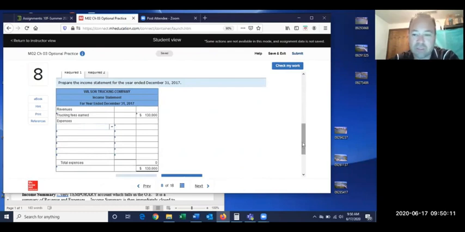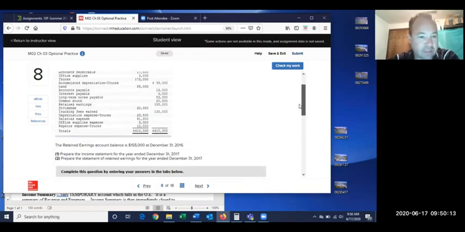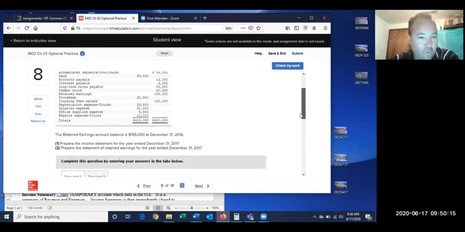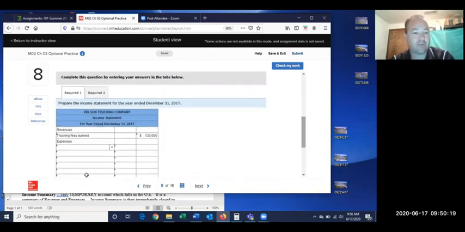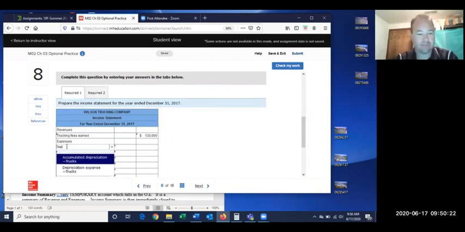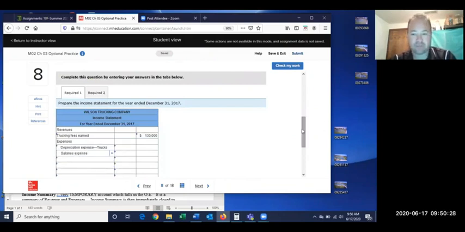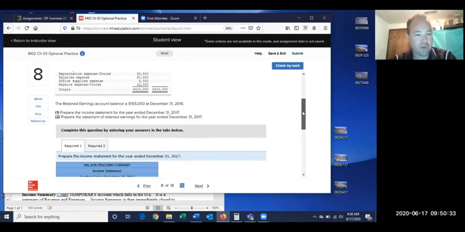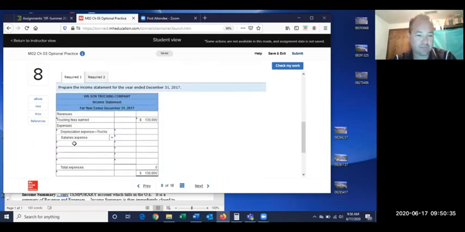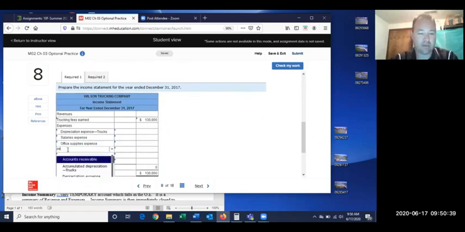Come down to the expenses and we're going to just simply list. Looks like we have 4 expenses, so that won't take us too long. We've got depreciation and salaries expense. Depreciation expense. And our last 2 were office supplies and repair expense. Office supply expense and repair expense.